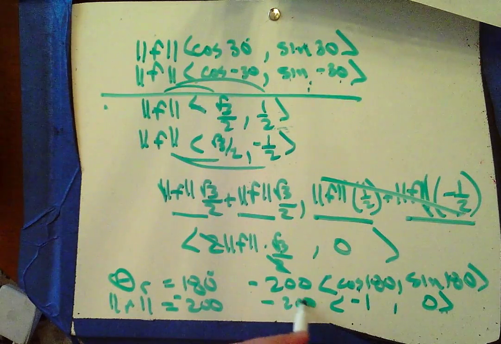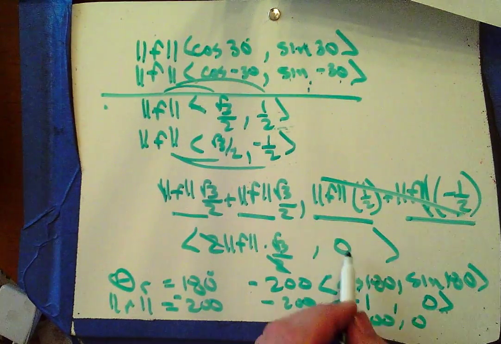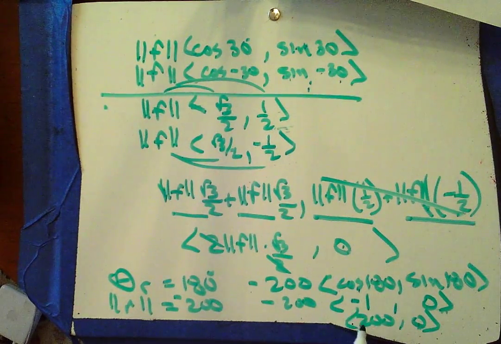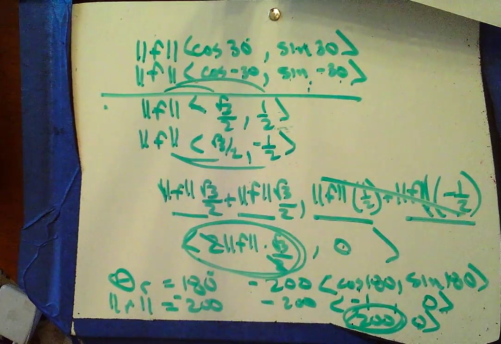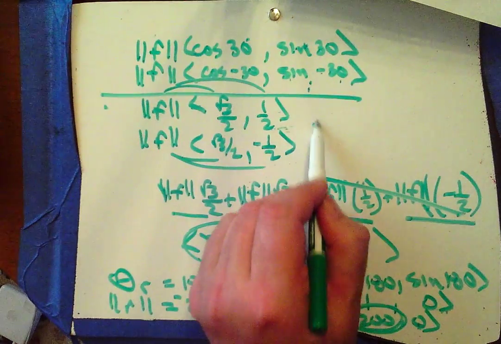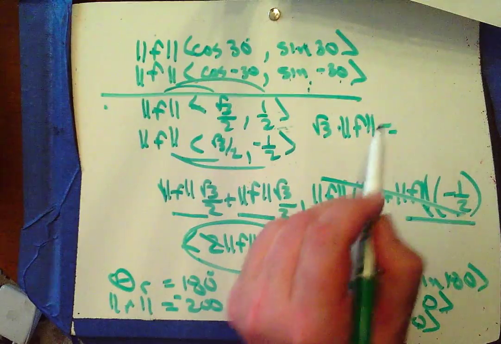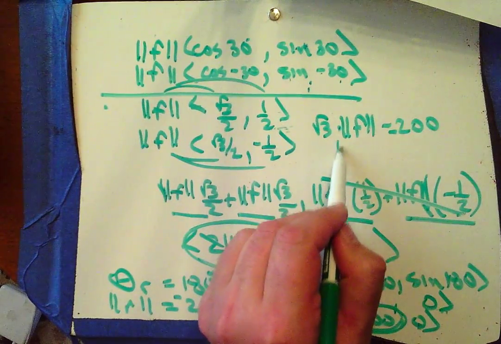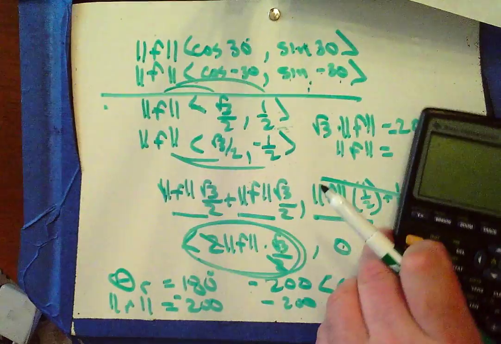I distribute that negative 200, and I get 200, comma, 0. Well, the 0 parts are fine, but I know that's the result, and that's the result. And so I can set those two results equal to each other. Root 3 times the magnitude of F equals 200. So the magnitude of F equals 200 divided by root 3.